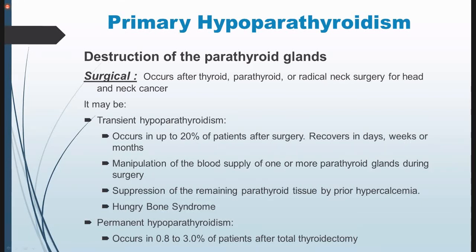There can be manipulation of the blood supply of one or more parathyroid glands during surgery, suppression of the remaining parathyroid tissue by prior hypercalcemia, or there can be hungry bone syndrome. So surgical destruction can be transient through these mechanisms. It can be permanent because in up to 0.8% to 3% of cases, all 4 glands have been removed and the patient has become permanently hypoparathyroid.